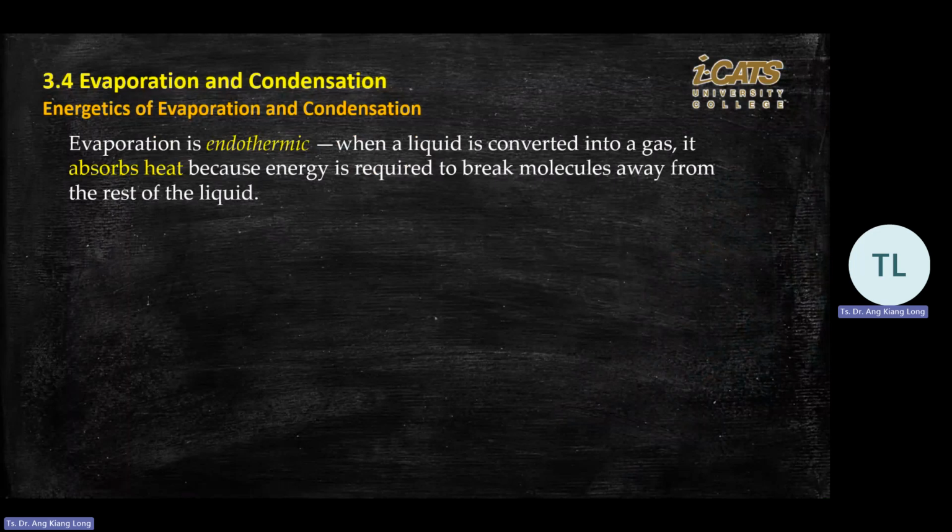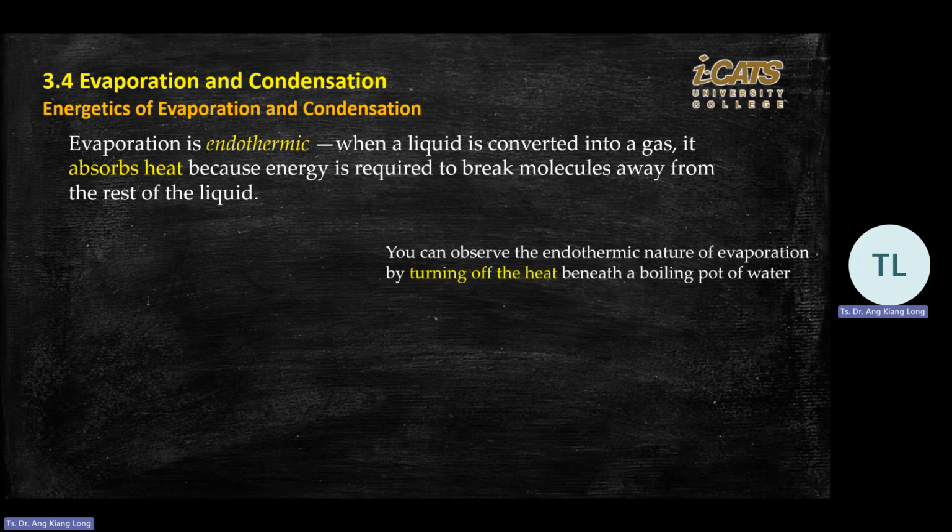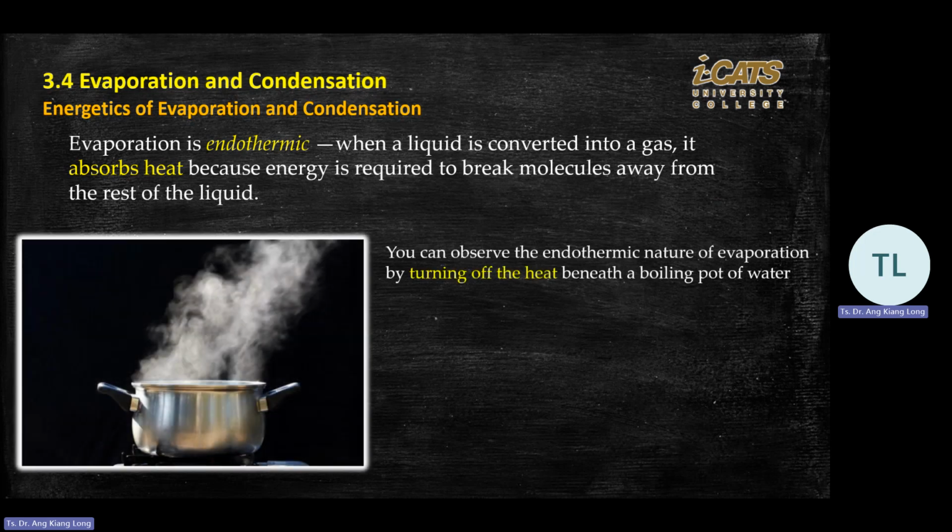Next, we want to look at evaporation. In chapter 3 onwards, you need to use the word endothermic. Endothermic means it receives or absorbs heat. In later chapters, you will see equations in stoichiometry.